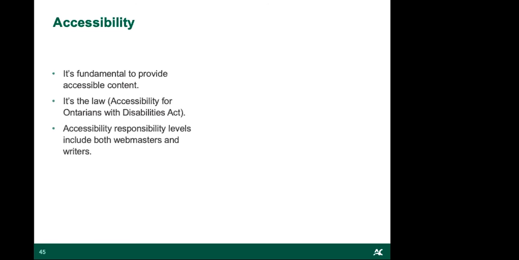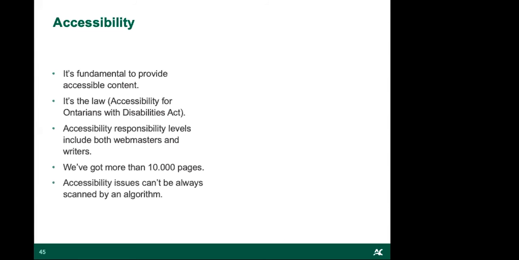And why? First, because our website is huge. According to Site Improve, we have more than 10,000 active URLs. Many of them are old, many of them are duplications, but our website is huge. And there are accessibility issues that can't be scanned by an algorithm.